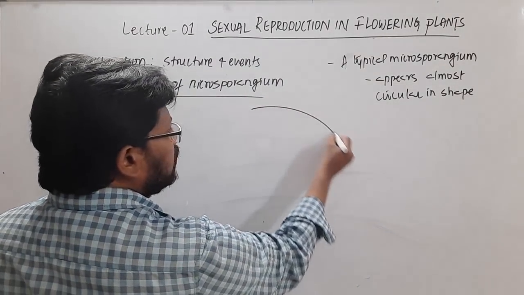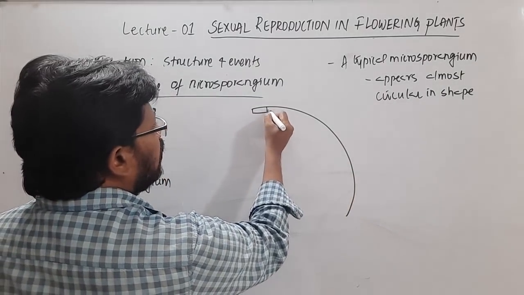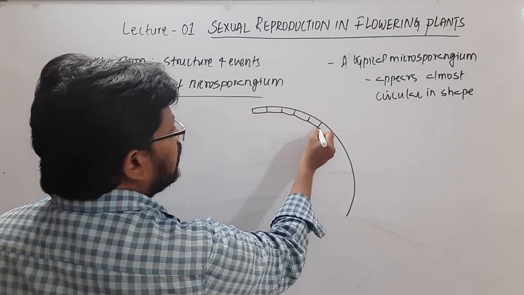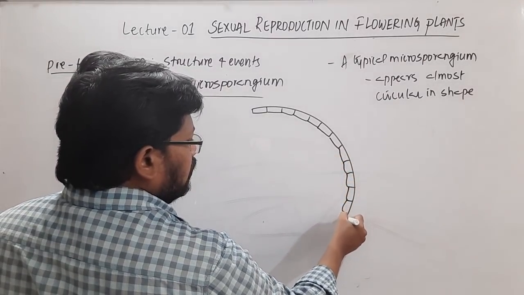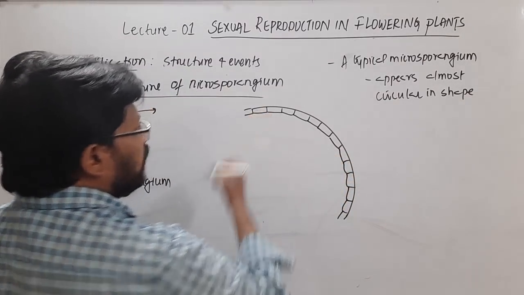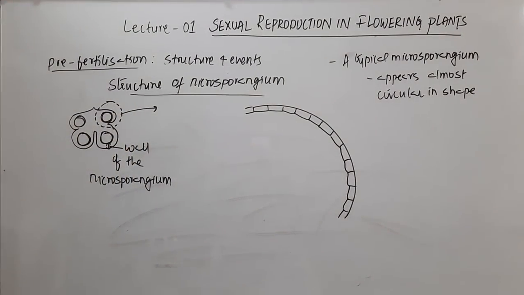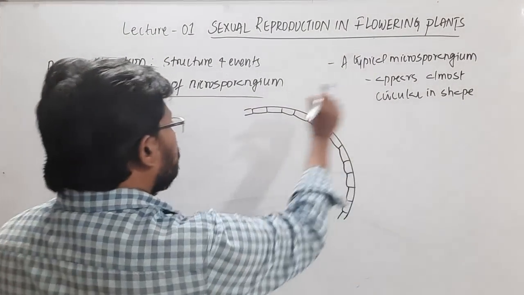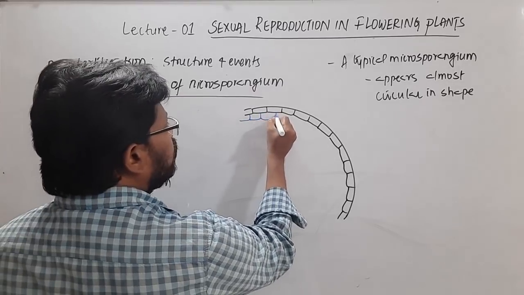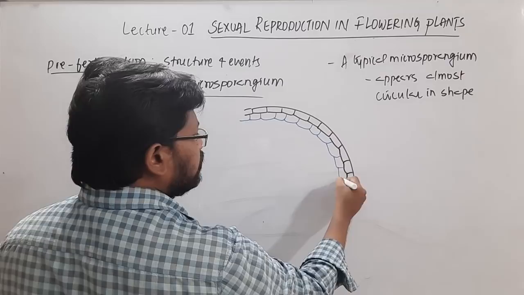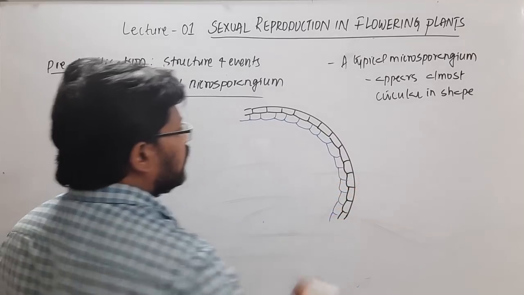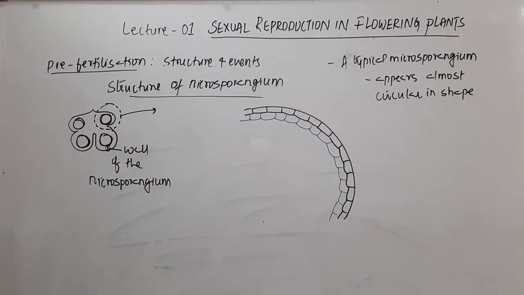Here this is the outermost layer, the epidermis, and below the epidermis we find the endothecium layer.